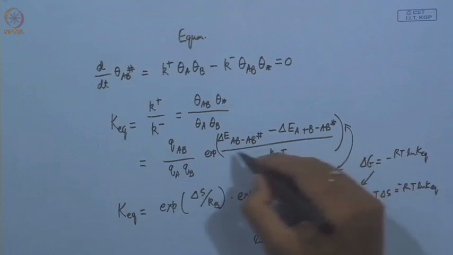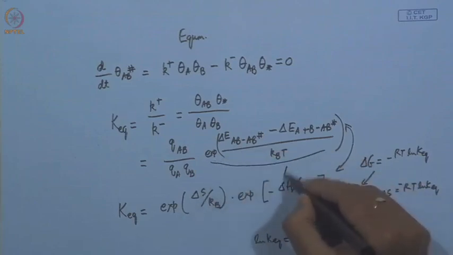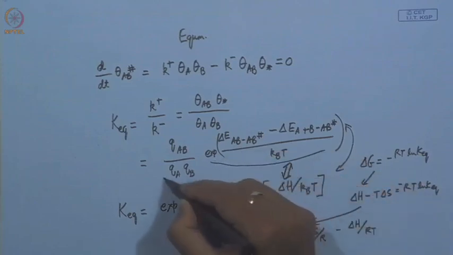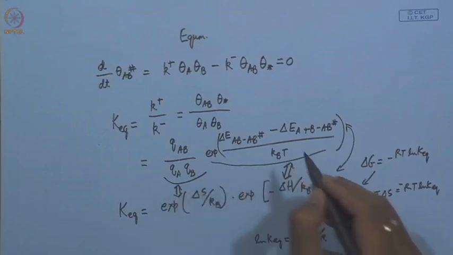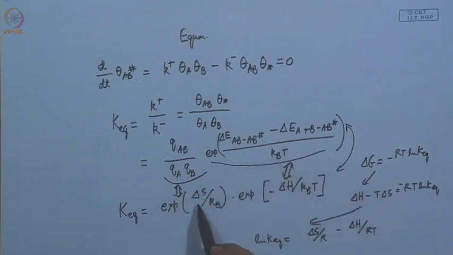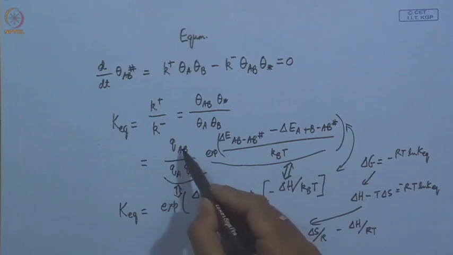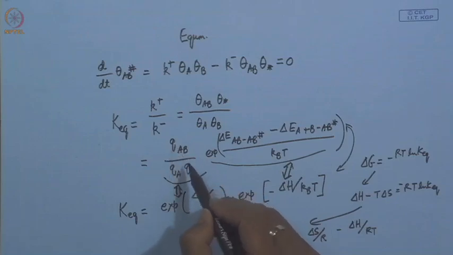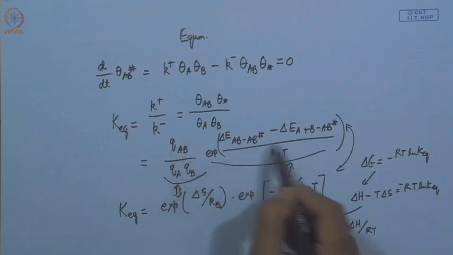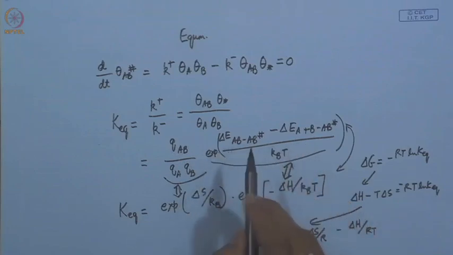So we compare this part with this one and this part with this one. That means the entropy of activation term is coming from the ratio of partition functions, and this is coming from the energetic term.